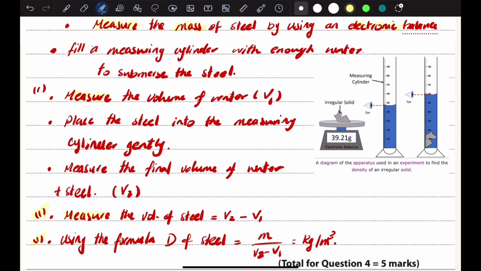And as I told you, we avoid splashes, so we have to drop the object gently into the measuring cylinder, and measure the mass before the volume, because the object might be wet, and later on you would measure the mass with water. So it is preferable to measure the mass of the steel first, then go for the displacement method.